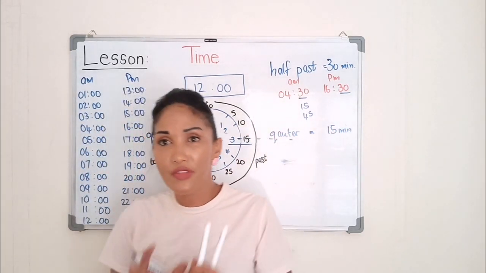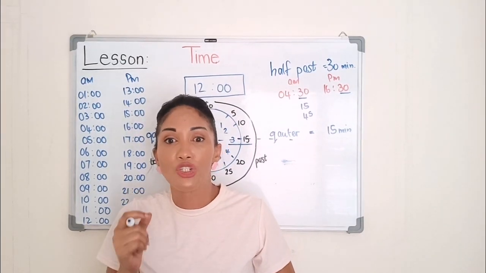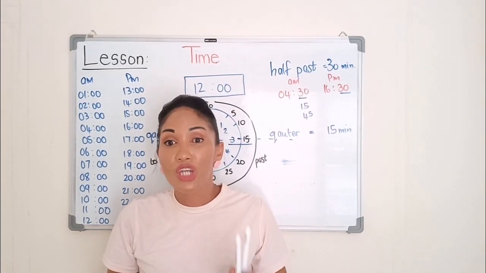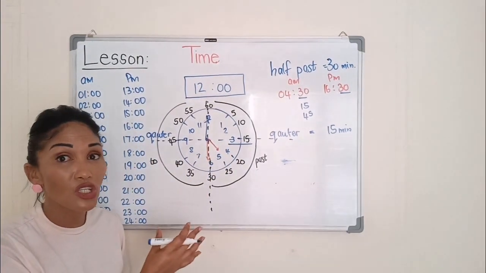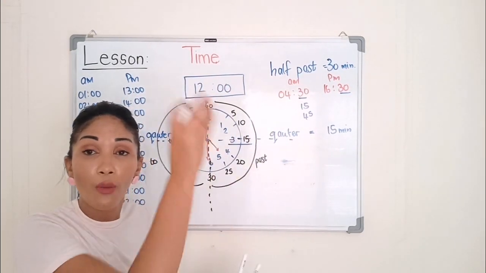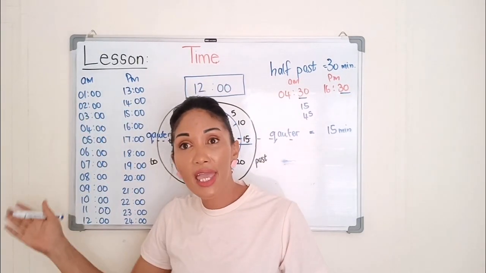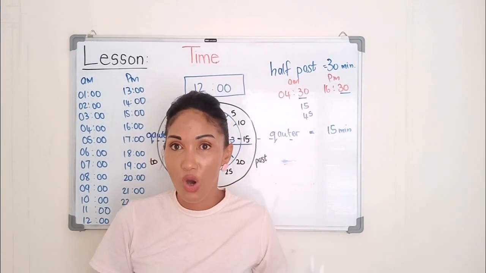To recap everything I did now: remember, digital time is a display that is usually interpreted. It shows us both the hours and the minutes. The analog clock shows us only the hours. It doesn't give us the minutes. So we learned from our digital clock, we have our AM and our PM where we can learn about what is morning and what is afternoon.